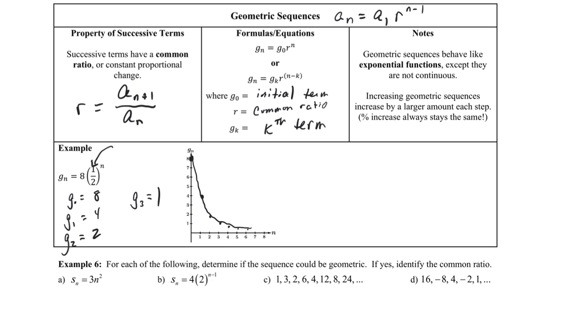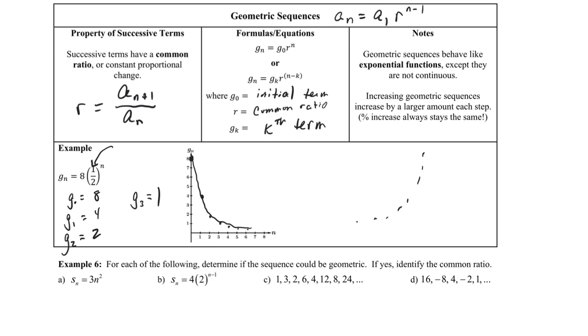If it was bigger than 1, it would go like that, okay? All right, so it needs to be an exponential function, right? If you're looking at the function in function form, it needs to have a variable in the exponent.